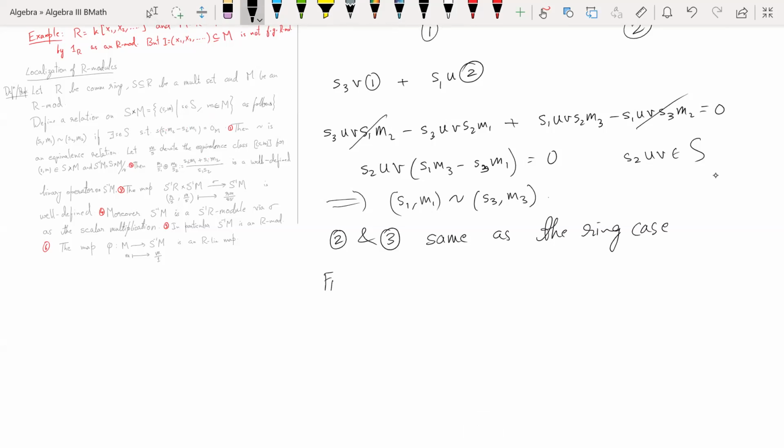For 4, S inverse M. We have to check that it's an abelian group, and then we have to check the 4 axioms.